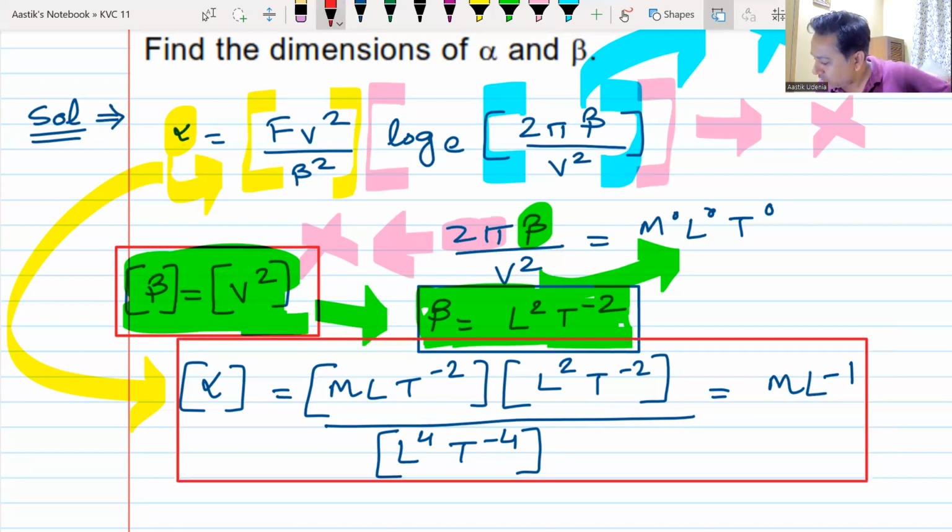Yes or no? Did you get the answer here? The dimension of alpha is m L minus 1, and this is how this question has to be done. Very correctly, very simply, using what we have already learned. Can I have raised hands from everyone who could solve this question and get the answer? You may not have gotten the right answer.